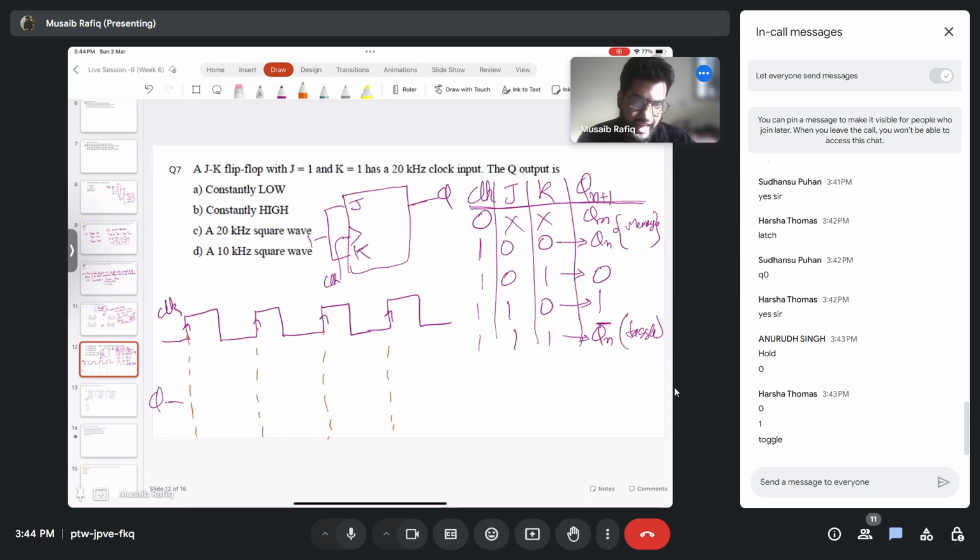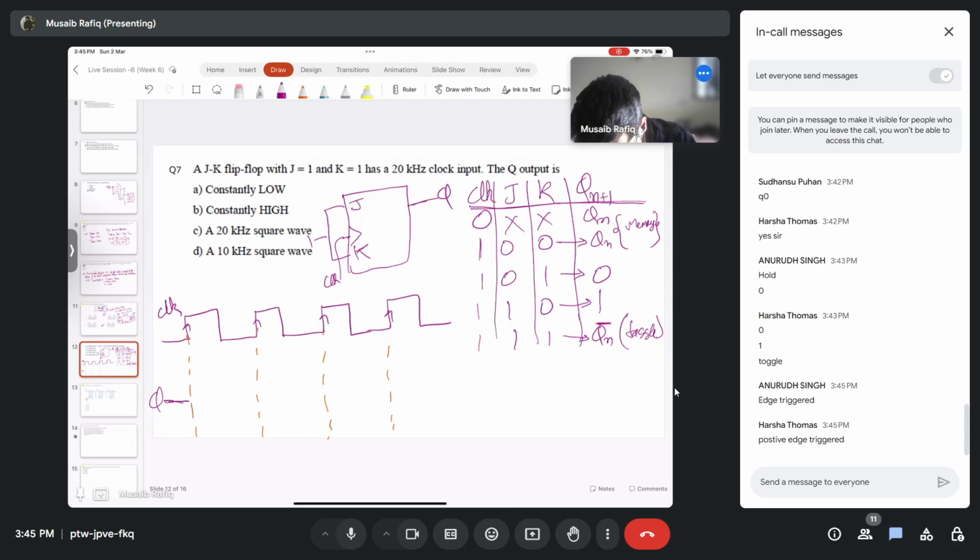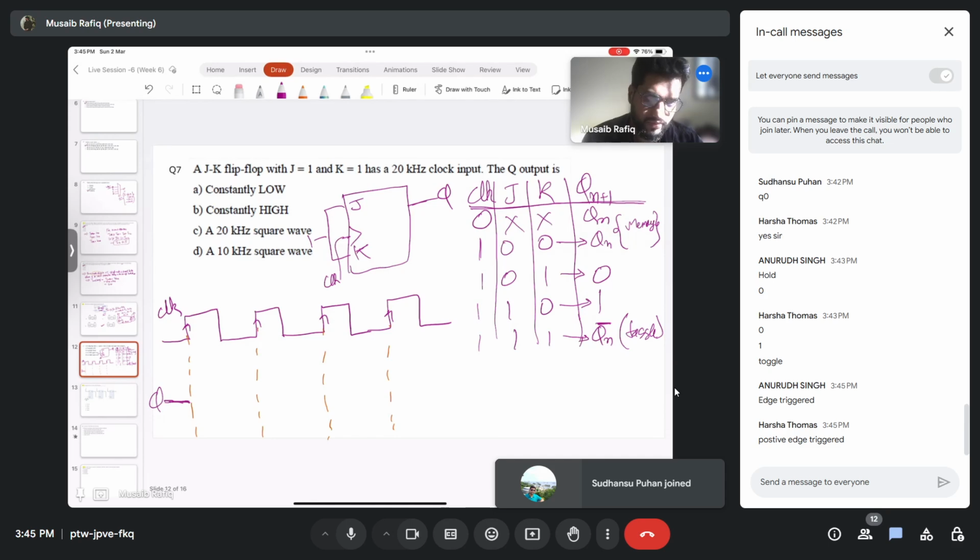Why am I drawing these dashed lines only here? Anyone? Oh, correct. So here I see a positive edge triggering. What will happen to my output Q?